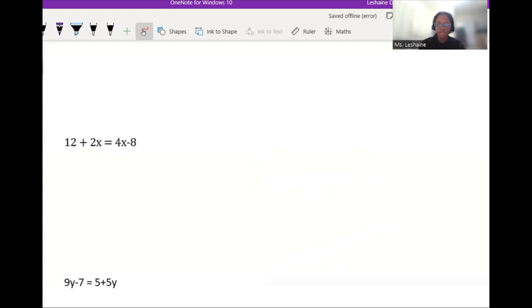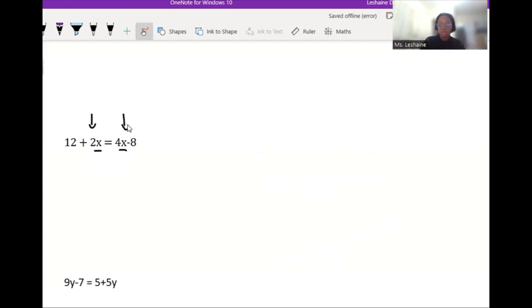So for this particular question, we have ourselves an equation that has an x on both sides. Now, anything I do to one side of an equation, I have to do that same thing to the other side to keep it balanced. So if I, let's say, add 1 to this side, I must also add a 1 to this side.